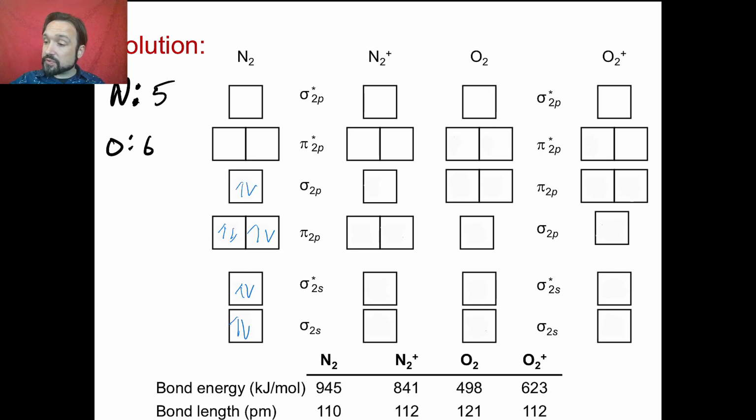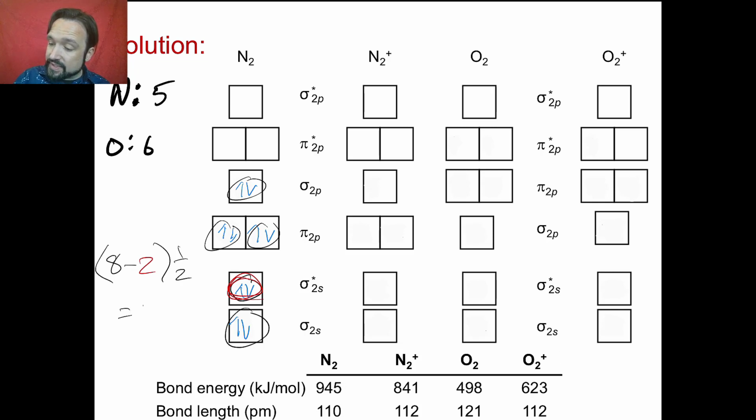As we mentioned before, I'm going to have a total of 2, 4, 6, 8 bonding electrons. I'm going to have 2 antibonding electrons. So 8 minus 2 times 1/2 is going to give me a bond order of 3.